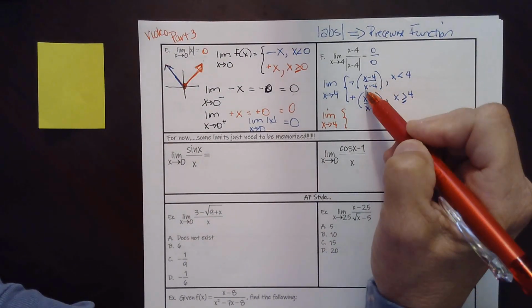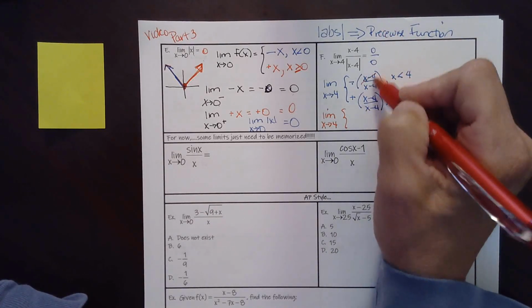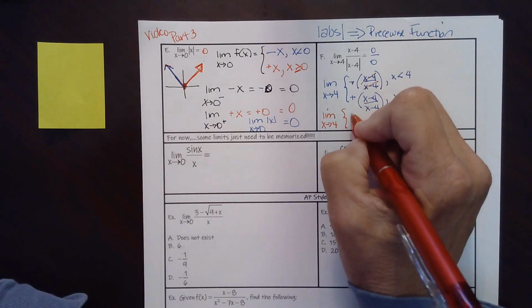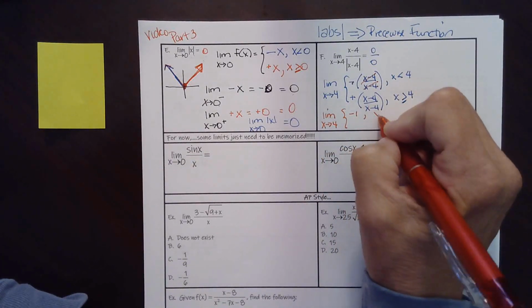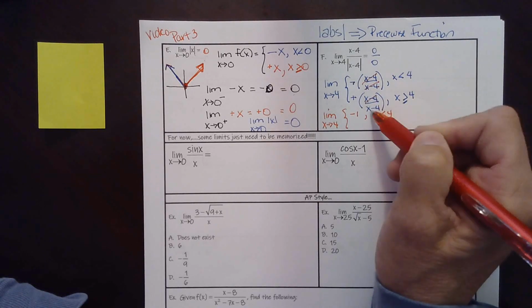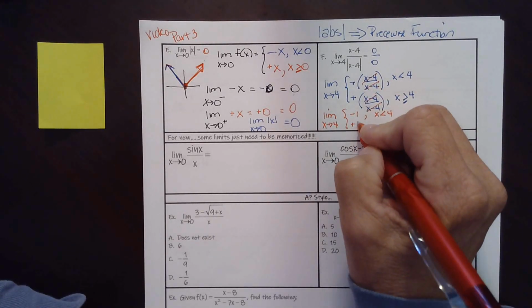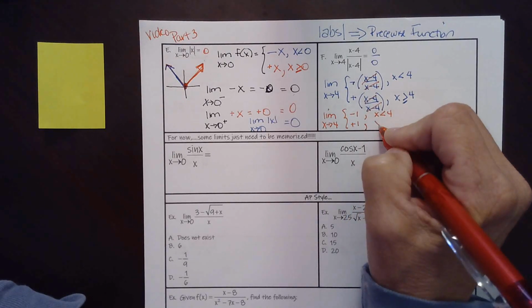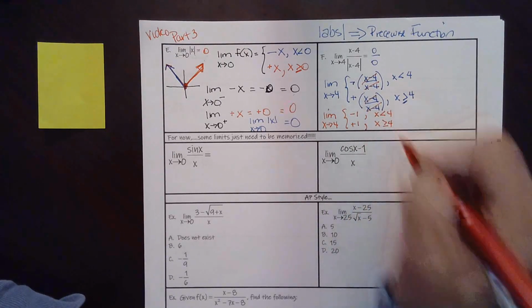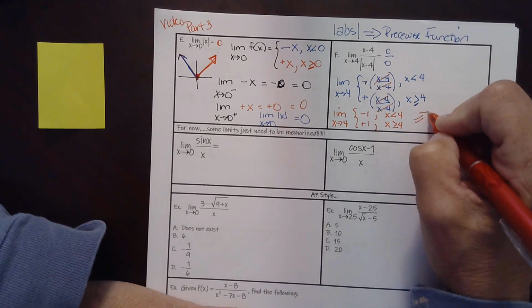Well, what is x minus 4 over x minus 4 going to do? Those are going to cancel, and I'm left with negative 1 for the x's that are less than 4. And the x minus 4's cancel here, and you're left with positive 1 for the x's that are greater than or equal to 4.